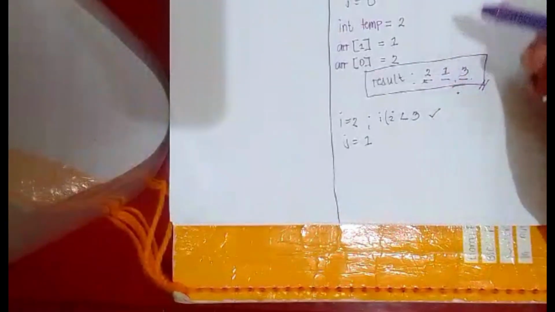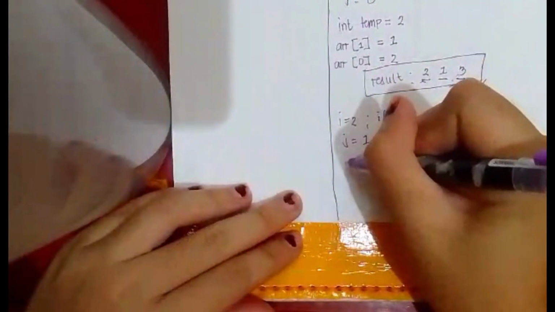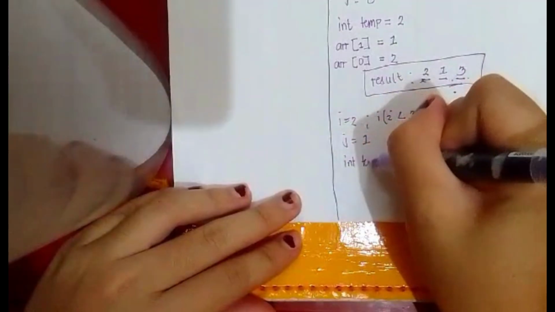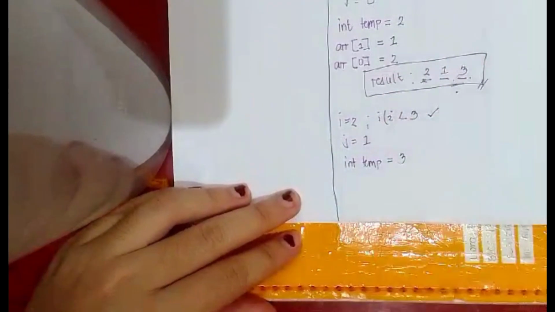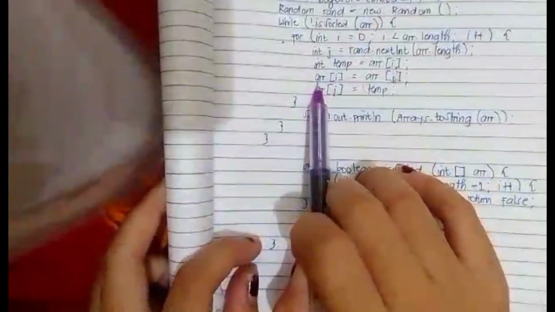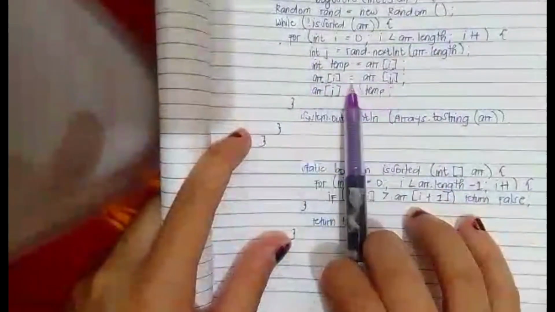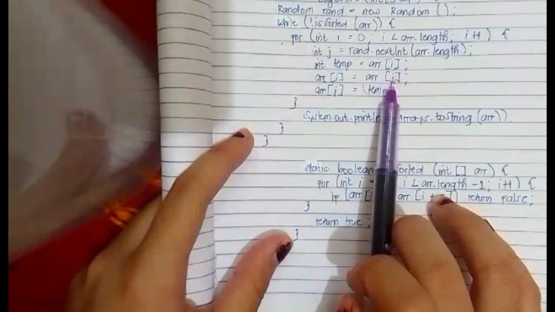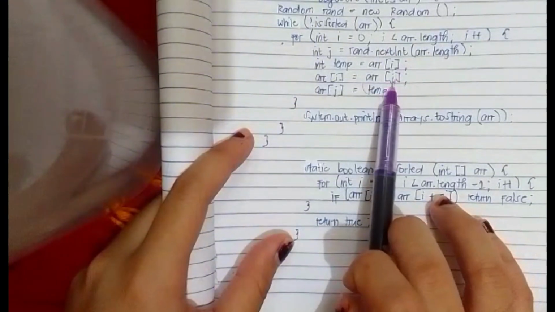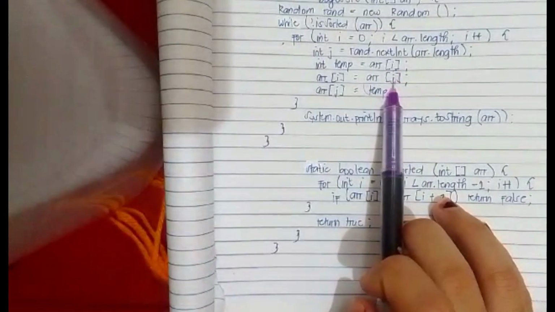So, index 2, ang value niya is 3. So, ang atong temp is equals to 3. After ana, magkuha na po ta sa value sa atong array I, which is kung unsa ang value sa index ni J nga gipili nato.